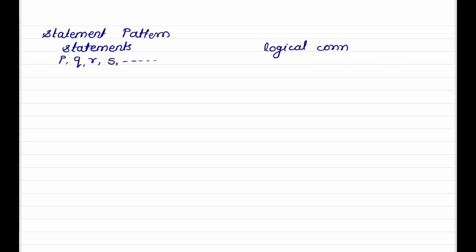Now we have to see what is meant by a statement pattern. We know statements are denoted by small letters, that is P, Q, R, S, and logical connectives are and, or, negation, implication and double implication. We will take any statements and any logical connectives.